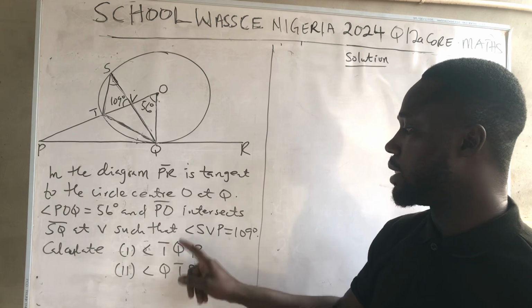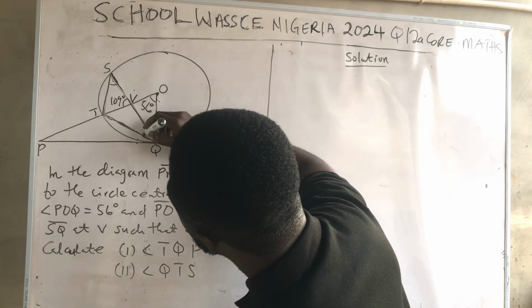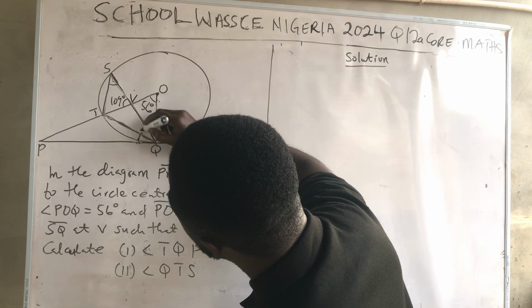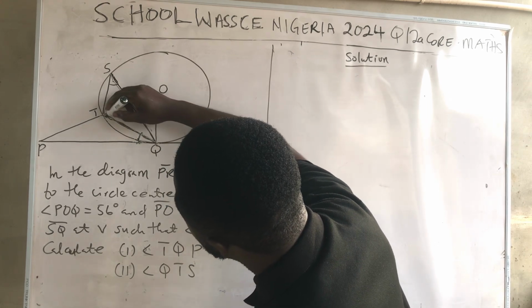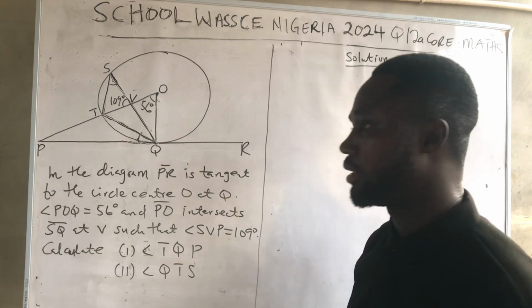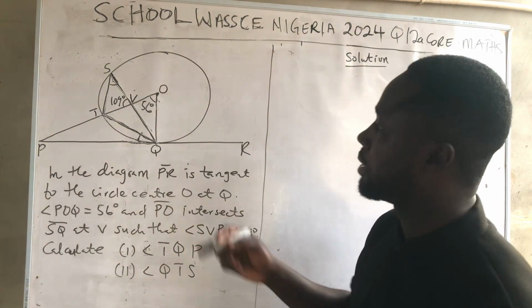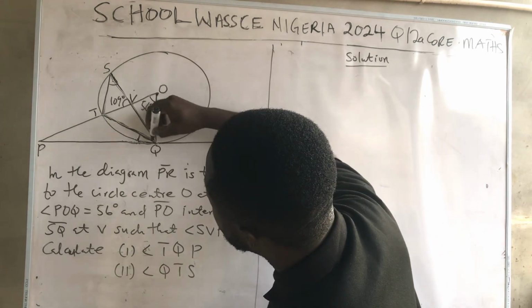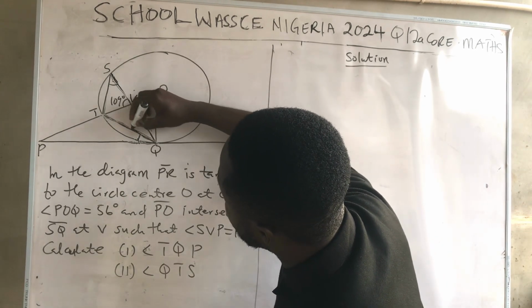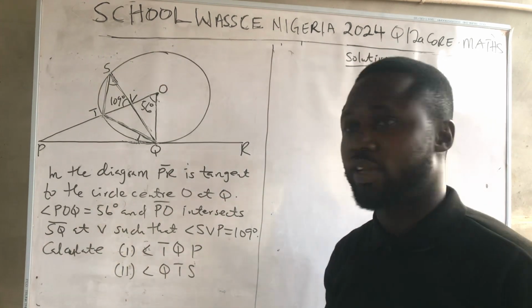Calculate angle TQP. So what we are going to do is to calculate angle TQP. That is the angle here. That is the angle between the chord and the tangent. And there is a theorem that says that an angle between the chord and the tangent is the same as the angle the chord subtends at the circumference of the circle.